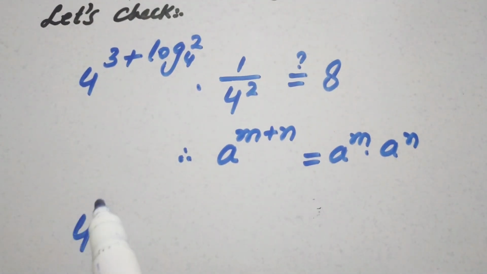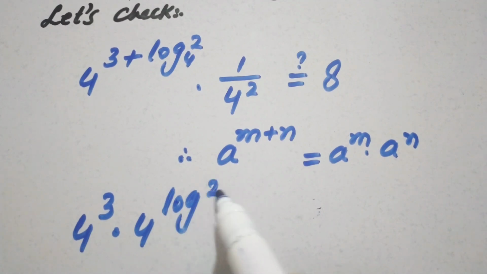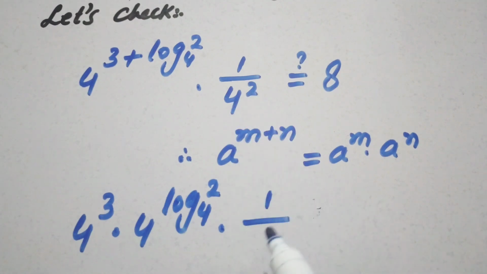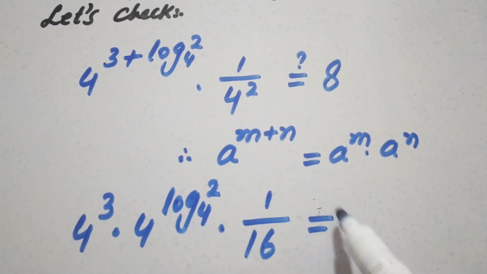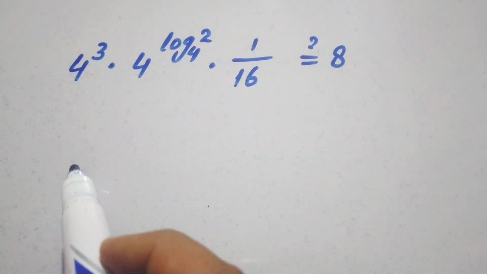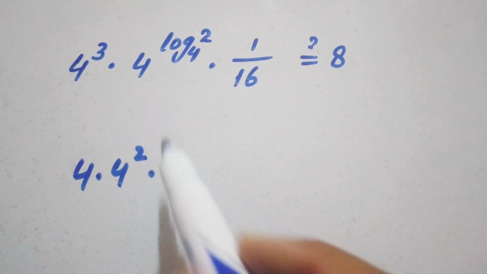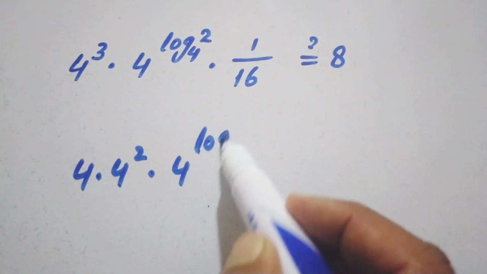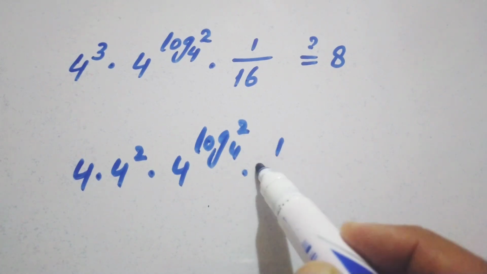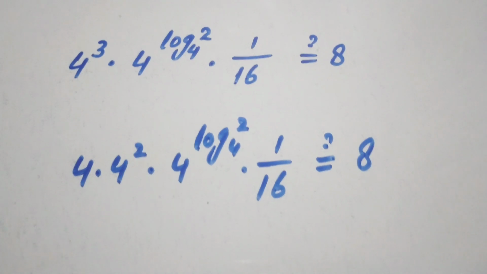So this will become 4 cube multiplied by 4 power log 2 to the base 4 multiplied by 1 by 4 squared, which is 16, whether it is equal or not equal to 8. 4 cube, we will write this as 4 multiplied by 4 squared multiplied by 4 to the power log 2 to the base 4 multiplied by 1 by 16, and at the right hand side we have 8.